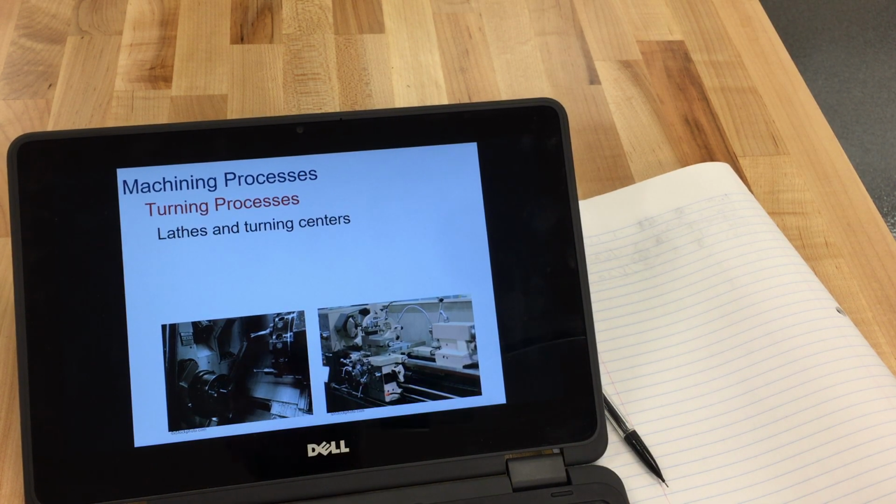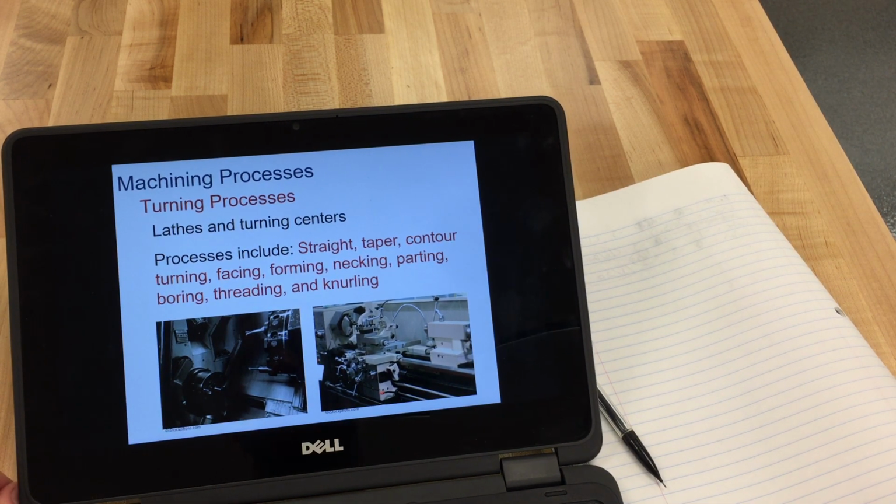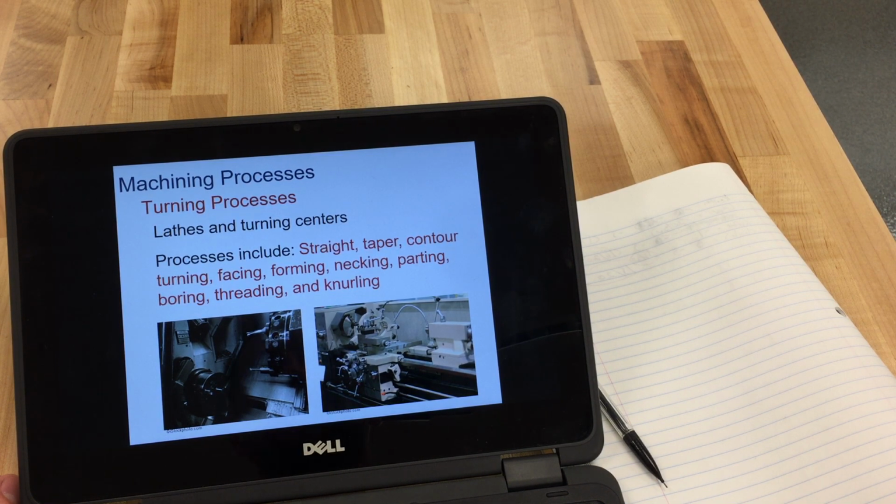Lathes and turning centers, so we can do straight, taper, contour turning, facing, forming, necking, parting, boring, threading, knurling. It'd be hard to describe all those. The best way to look at that is to Google what it is. So what does it mean to knurl when lathing, or thread? Threading is where we create the threads inside of a bolt or on a screw.